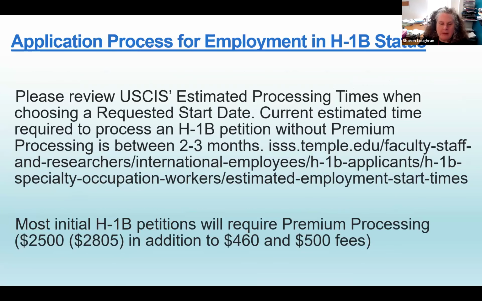Usually, if you go back, most initial H-1Bs, be prepared to pay premium processing. That's the $2,500, which is going up to $2,805, plus $460, plus $500. Next.